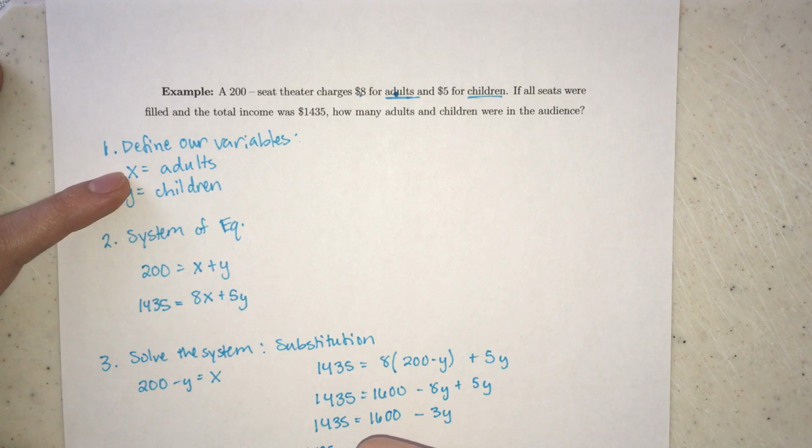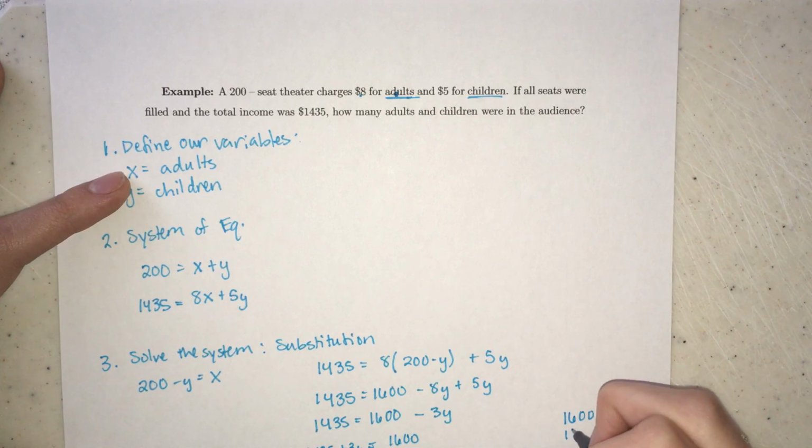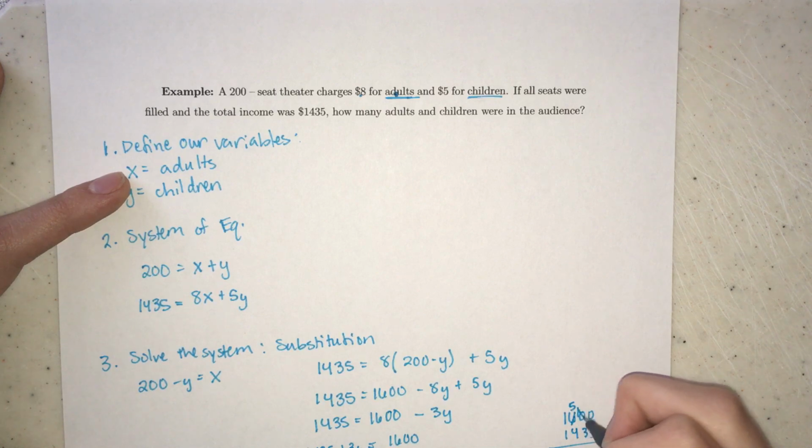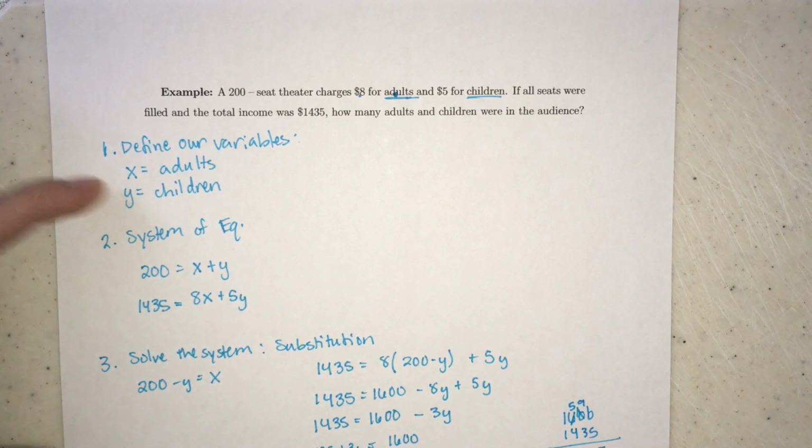So I have 1435 plus 3y equals 1600. And I have 3y equals 1600 minus 1435. So let's figure out what that is real quick. So we have 3y equals 165.